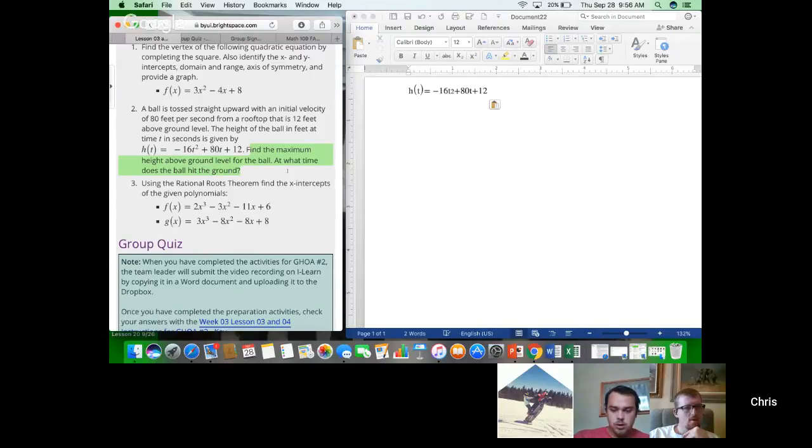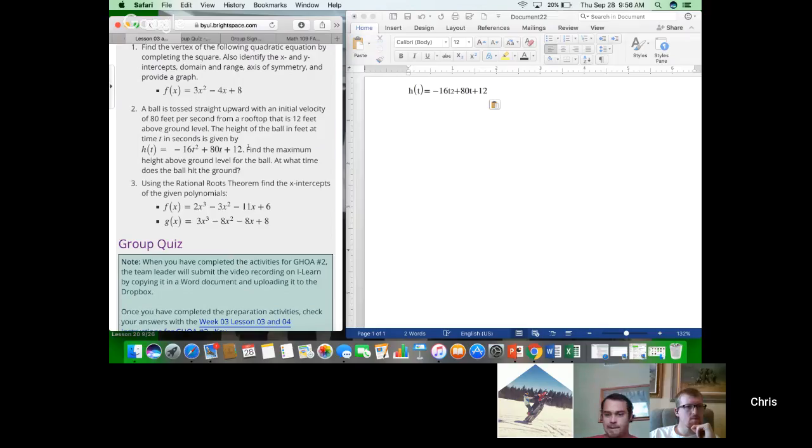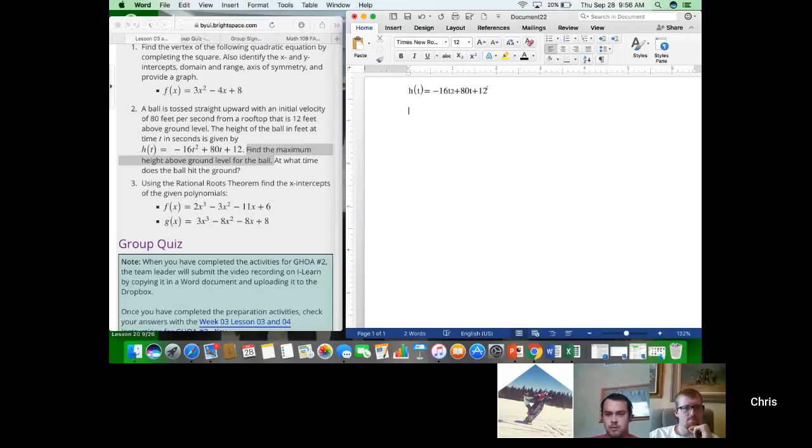So when does y equal 0, essentially? Yes, that's what time the ball hits the ground. So the maximum height above ground level for the ball, that just means we have to put that into vertex form. Yeah, the vertex form.